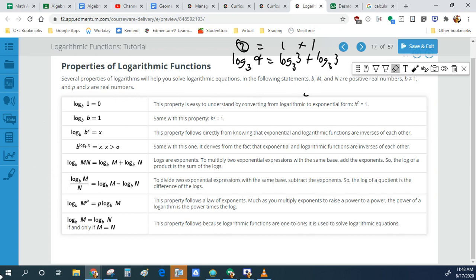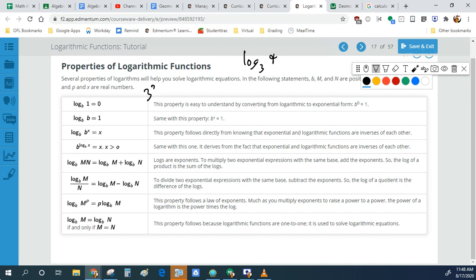But let me just show you an easy one on how to do it. Let's say I had, I'll use the log base 3 again, log base 3 of 9. Well, another way of writing 9 is writing it as 3 to the second power, right?